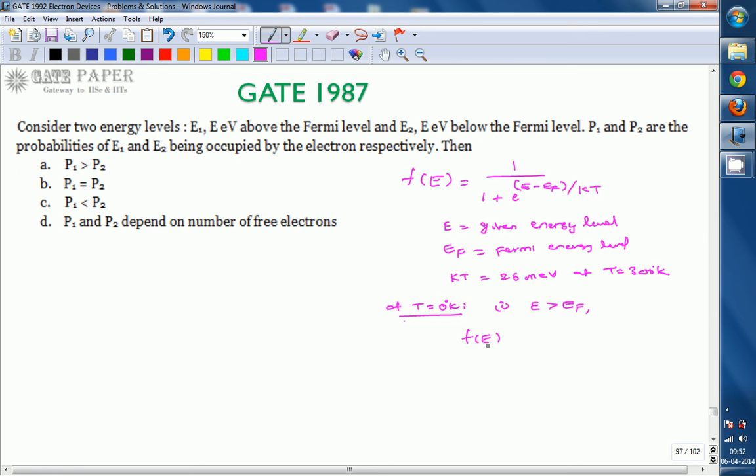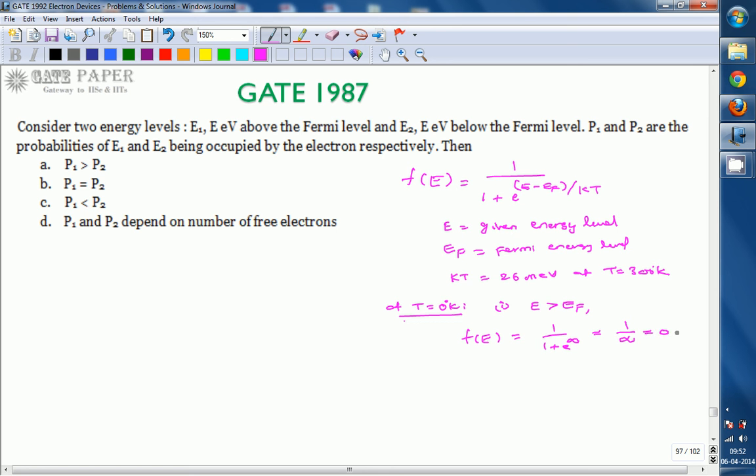You can calculate the f of E value as 1 by, for E greater than EF, whereas T is equal to 0. In this expression, with T equal to 0, e power gives infinity, and whether it is positive or negative infinity is important. E is greater than EF, so the numerator is positive, and positive by 0 gives positive infinity. So you get 1 by 1 plus e power plus infinity, that is 1 by infinity, which is 0.